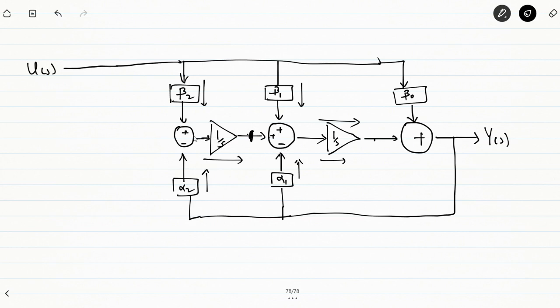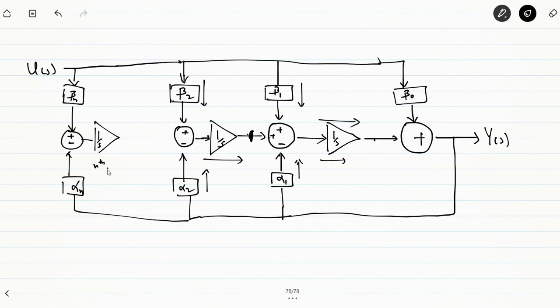ऐसे ही बाकी टर्म्स भी आ जाएंगी इस सिस्टम में, and finally we will be having after a chain of n integrators, this will be nth integrator. So if this is nth integrator, it will pass through n integrators.